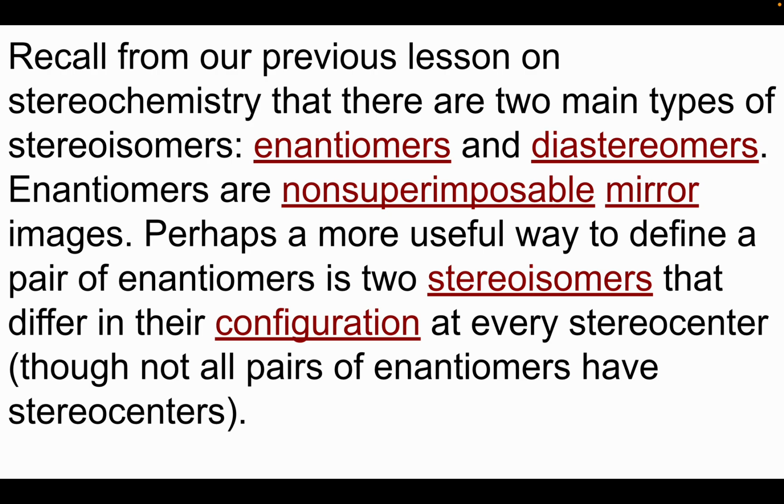So this is useful when you're talking about stereoisomers with stereocenters, but you could have stereoisomers and enantiomers that don't have any stereocenters, and those end up being examples that are kind of out there a little bit.